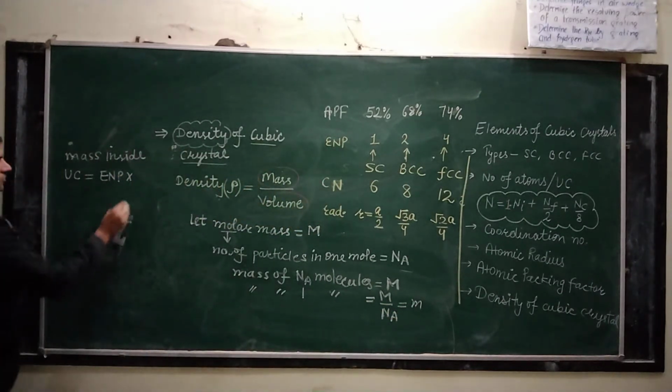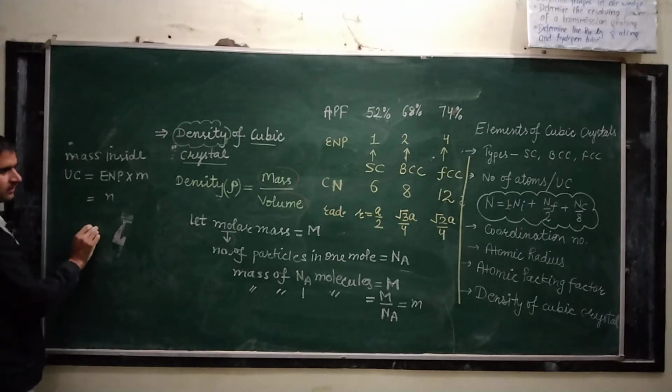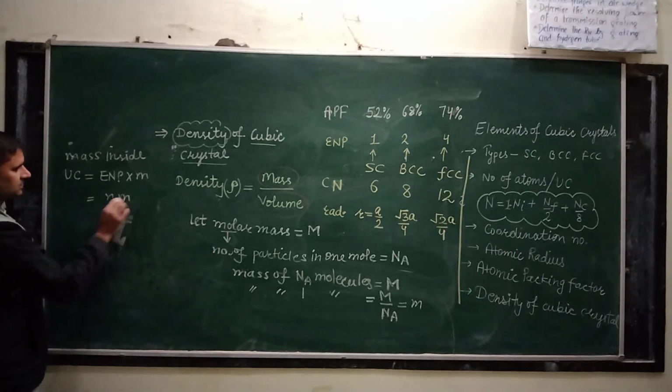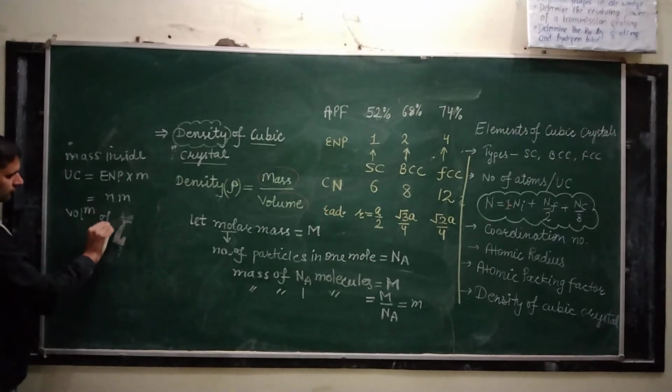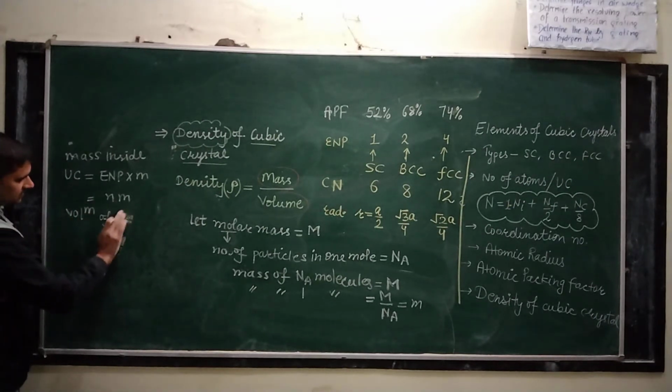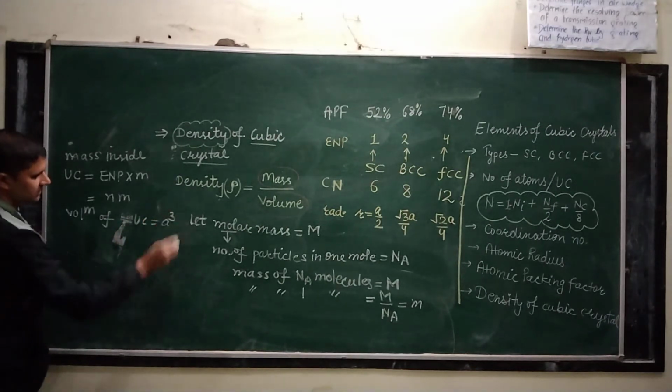Okay class, so I will multiply it by small m, and let the effective number be small n. Okay, and this is n into m. This is the mass inside the unit cell. Now what is the volume? The volume of unit cell is equal to A cube.